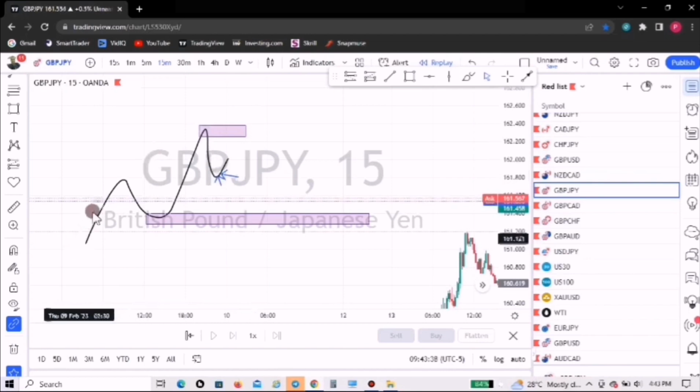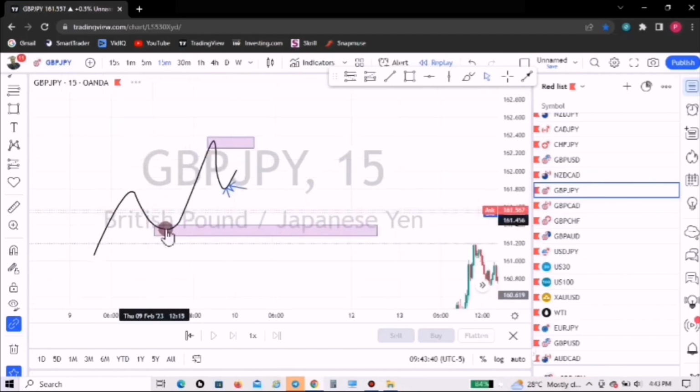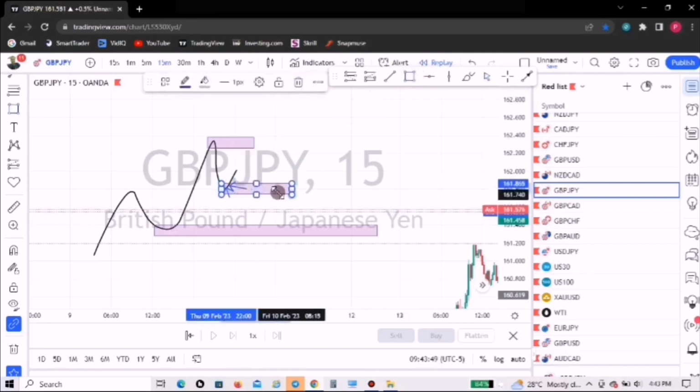Price comes from left to right. So you cannot say price started at this point and came to that point, because price is moving toward your right. Price moves toward your right.